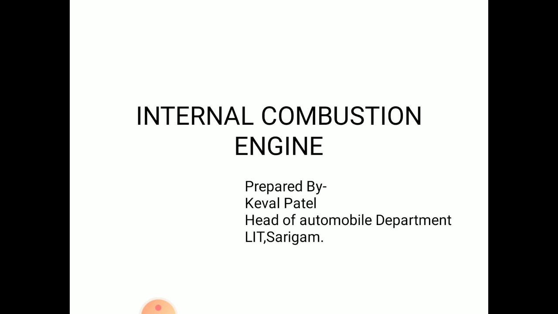In this engine, derive the energy from fuel burn inside the specialized area of the system, that is called a combustion chamber. That means if fuel is burned inside the engines, that's why that is called internal combustion engine.